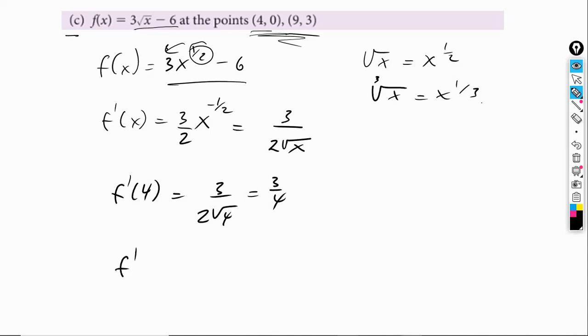We want to find the gradient of the line at x equals 9, so this is going to be 3 over 2 times square root of 9, and this will end up being 1/2. Therefore, the gradient at x equals 9 would be 1/2. Now, you still have to verify this on the calculator, but I'll leave that to you guys as an exercise.